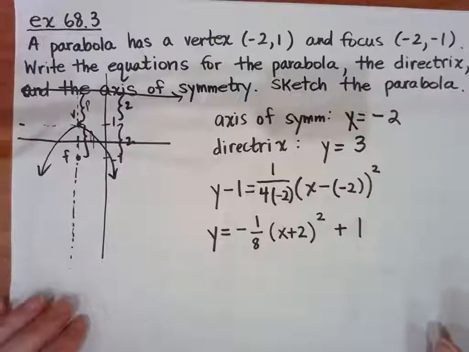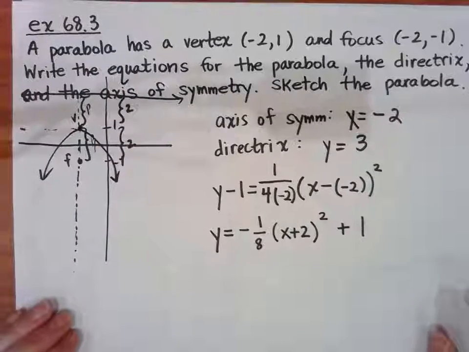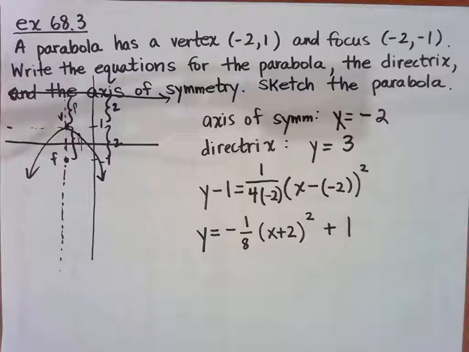All right. Now, one of the things that you might be asking yourself is, who would even care about this focus and directrix anyways? Why go through all this pain to find it? Well, there actually are a lot of applications of this, especially in physics, and there's one in your book.